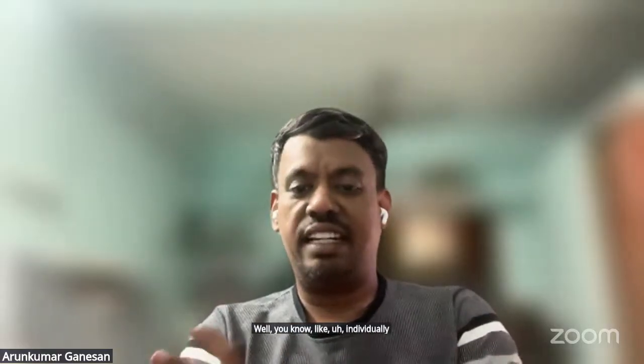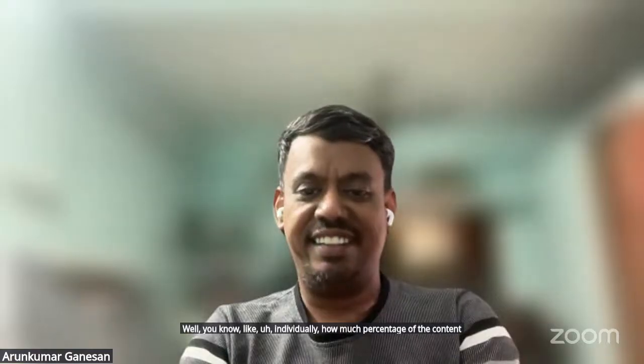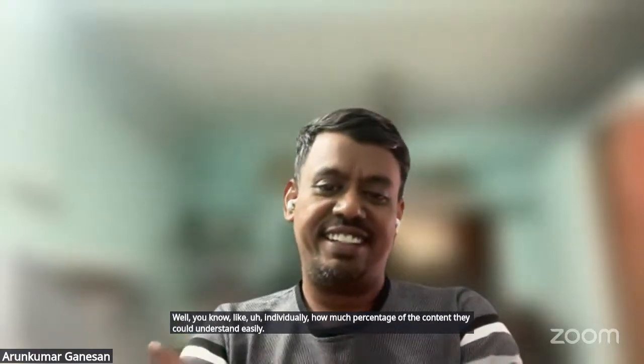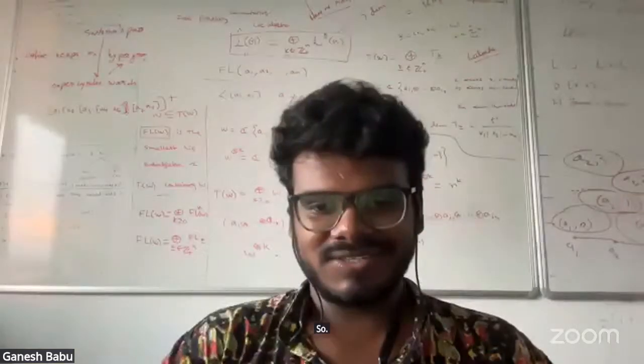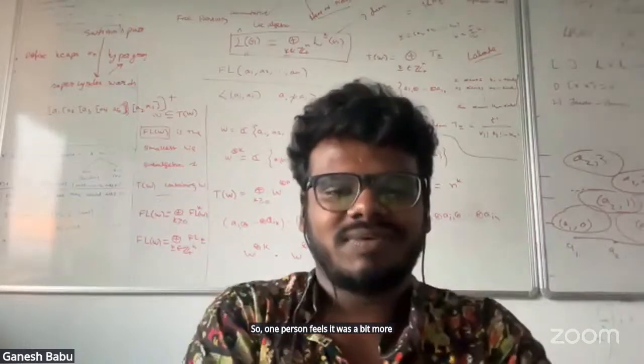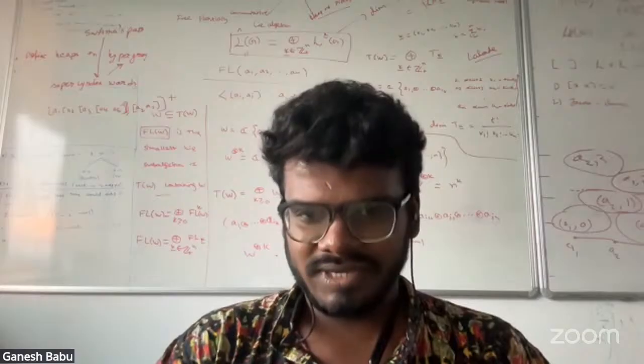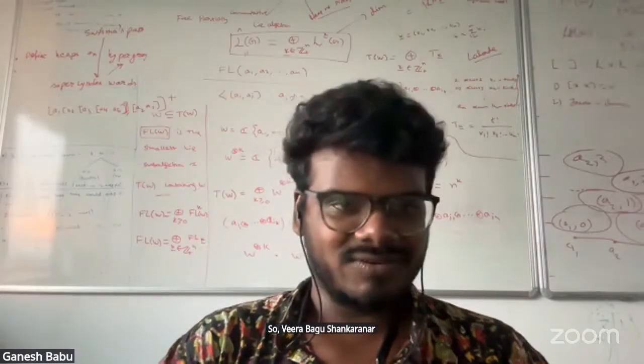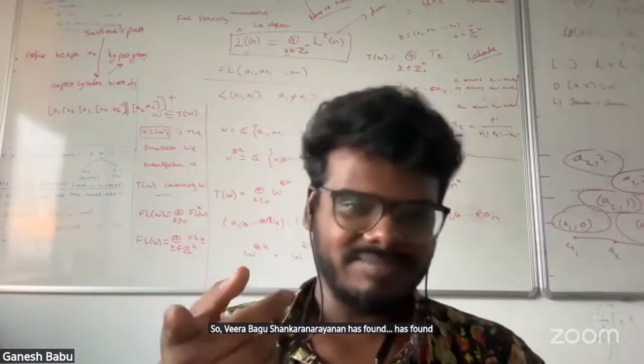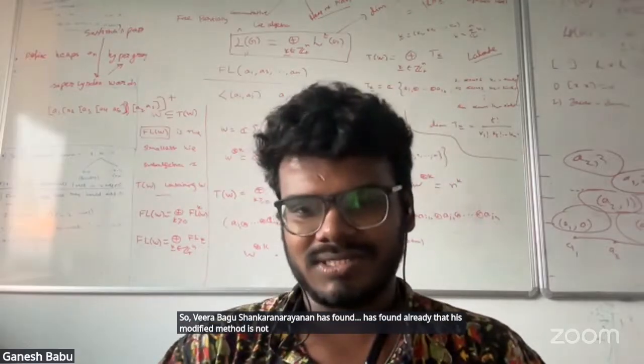We ask individually how much percentage of the content they could understand easily out of 3 videos. So one person feels it was a bit more interesting than the first week. So Veerabagu Shankar Narayanan has found already that his modified method is not as successful as the one star rule.